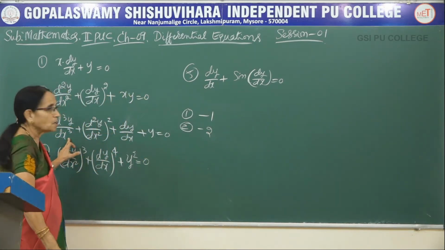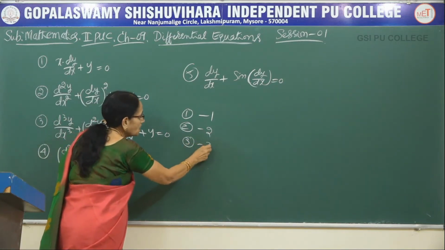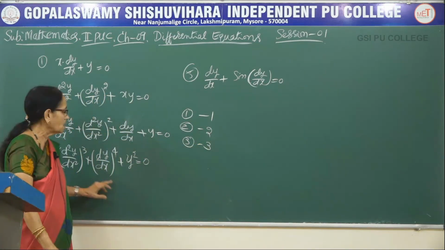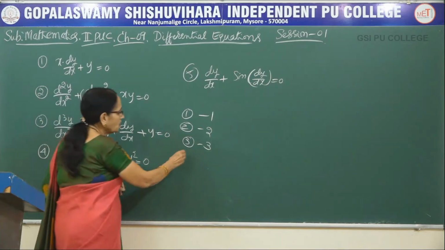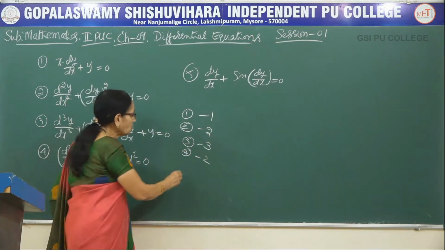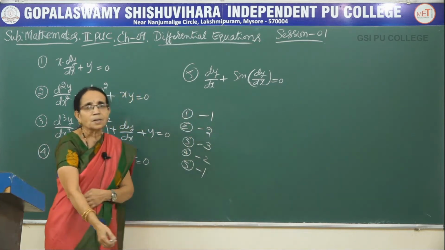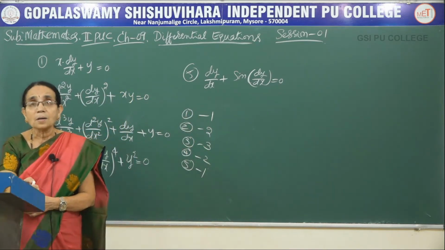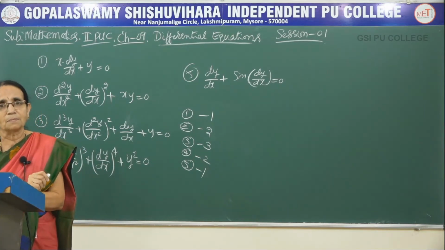Come to the third one. We have d cubed y, so how many times have we differentiated? 3 times. So the order is 3. Come to the fourth example. d squared again, so in this case the order is 2. Then the last one, the fifth example, the order is 1 because we have dy by dx. So the order of all differential equations can be defined.